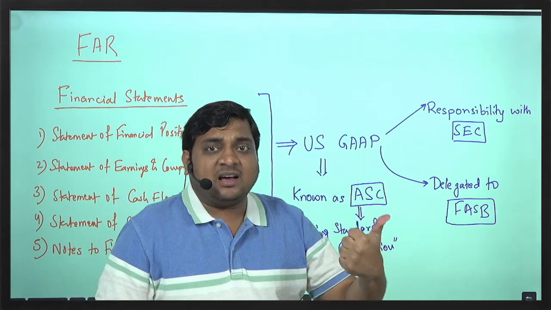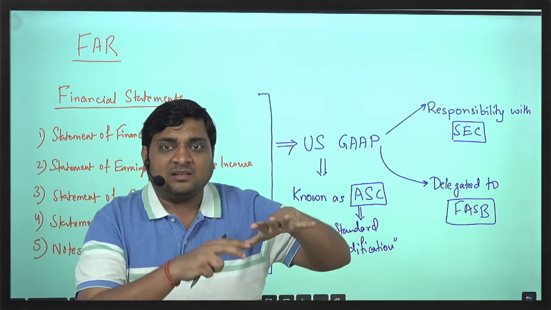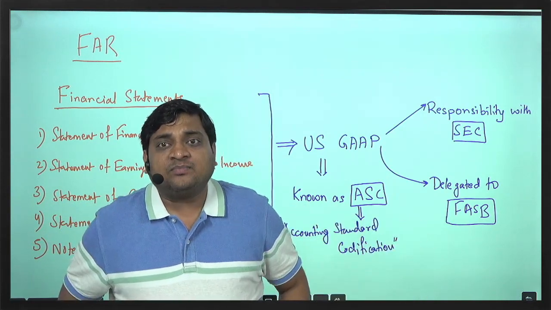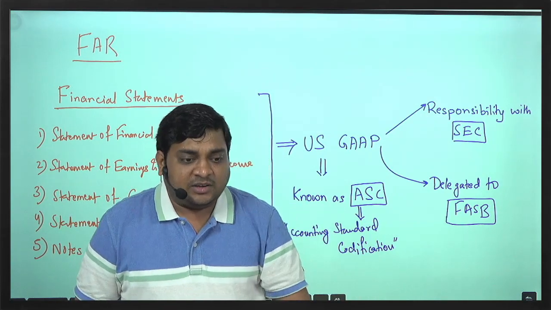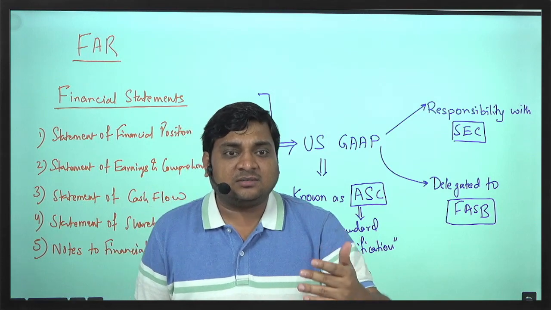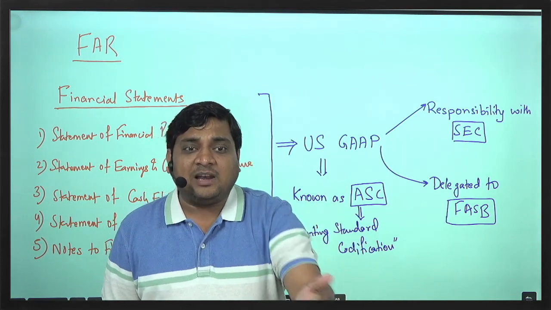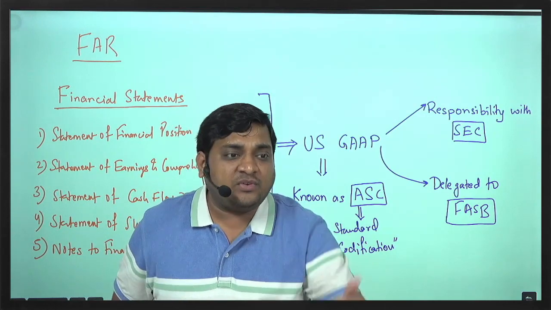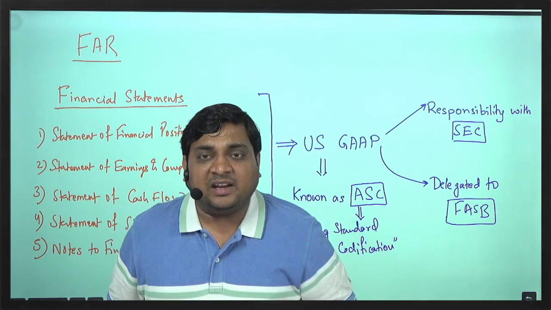So when we see our plus 2 knowledge, we have a basic accounting knowledge. In that we know financial accounting deals with recording of transactions, classifying, summarizing, and calculating the net profit of the organization through such activity.